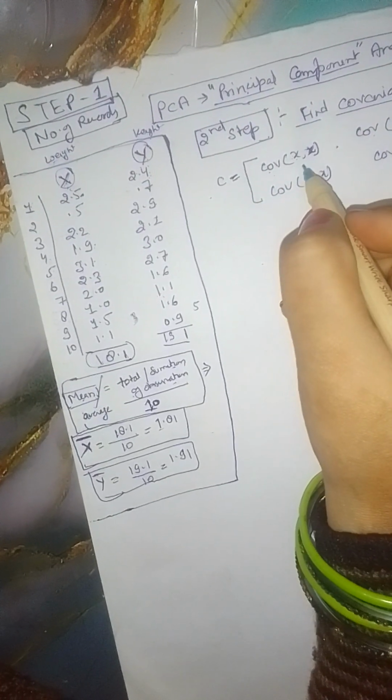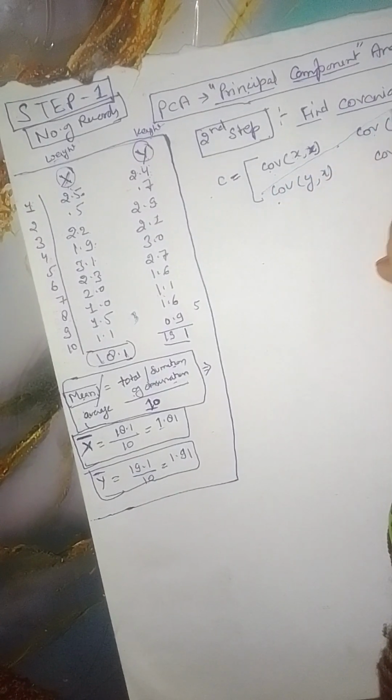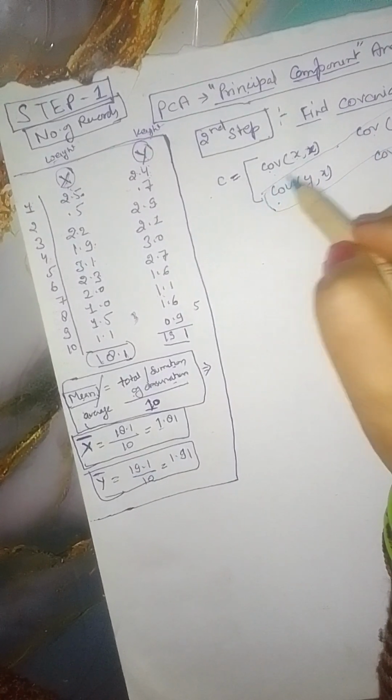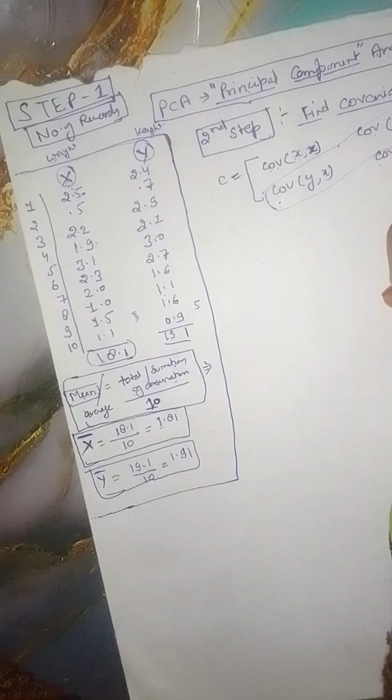Now if we look, xy and yx are almost similar. What is different is the covariance of xx and the covariance of yy, fine.